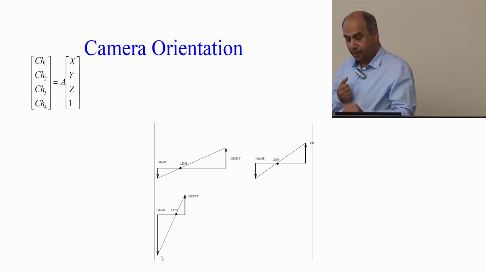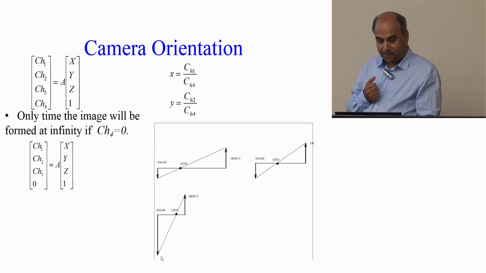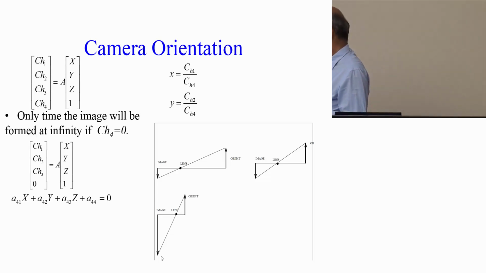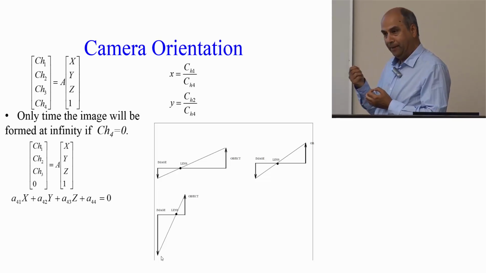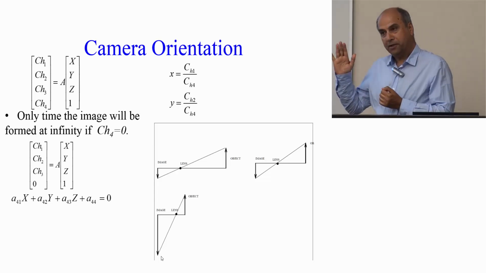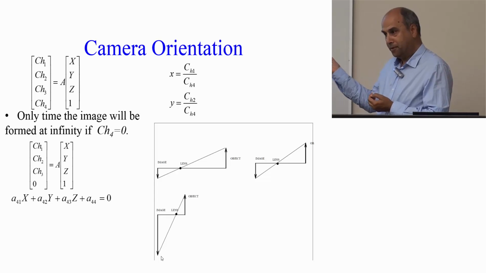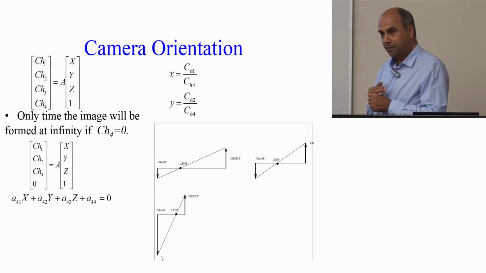CH4 is 0. Okay, so the condition is that CH4 is 0, and this is the equation of a plane. And from here you can find out the orientation of the plane. That's the orientation of your camera. So which is very nice. And these are your camera matrices.